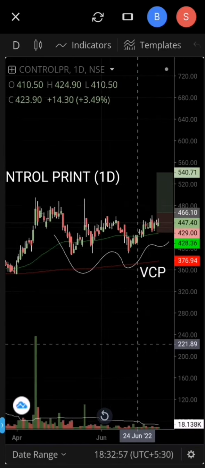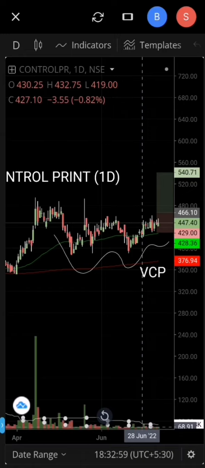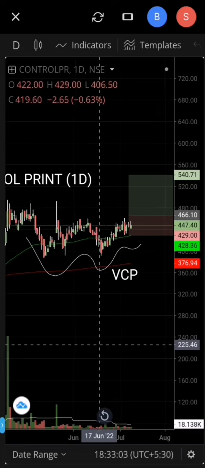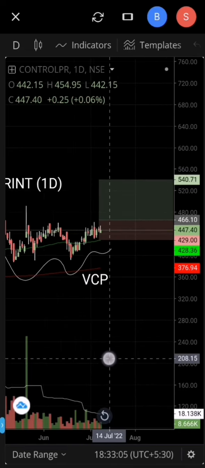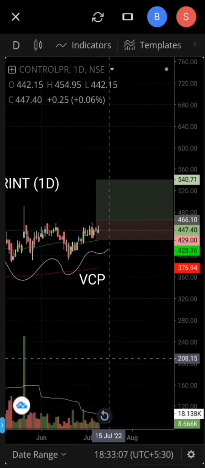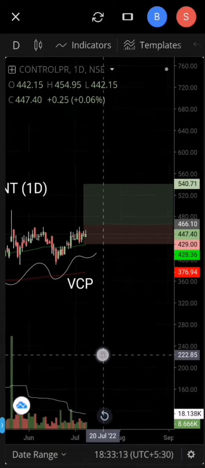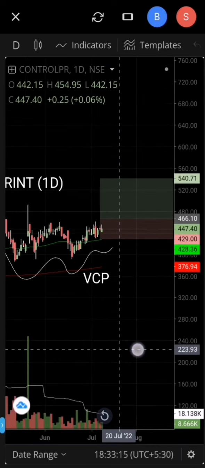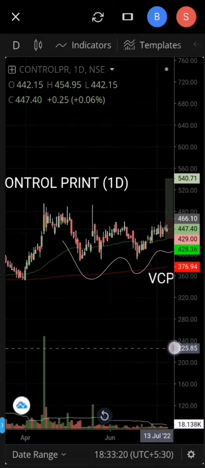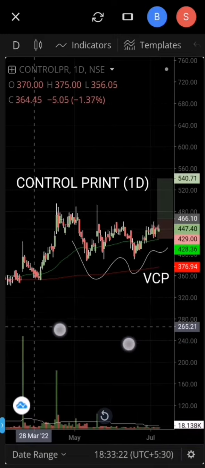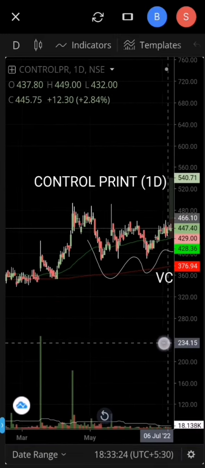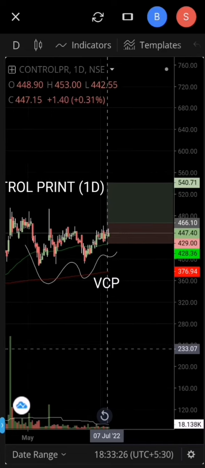See the volumes, they are especially below their 50-day average volume, and we would look for the 466 level. I think the 466 level is a pivot level after which the stock could continue its upward journey. So this is another example, Control Print, which is currently undergoing a volatility contraction pattern.